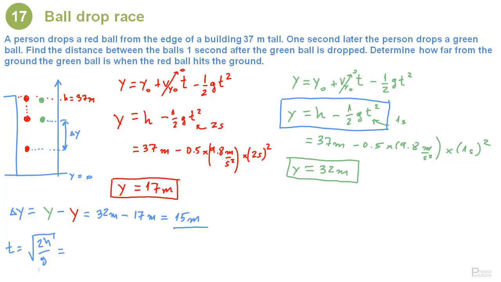So if you don't remember this formula, I highly recommend that you have a look at that previous exercise, because now we can simply plug in these numbers. We get 2 times 37 meters, because this is the height of the building, divided by 9.8 meters per second squared.